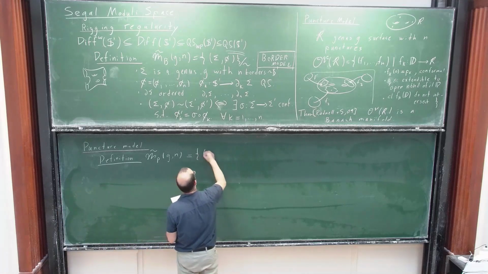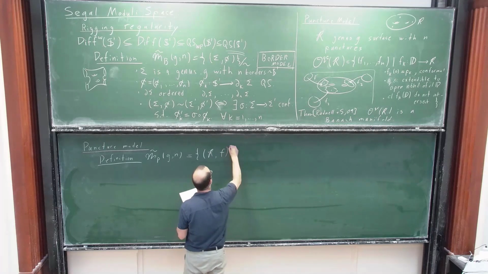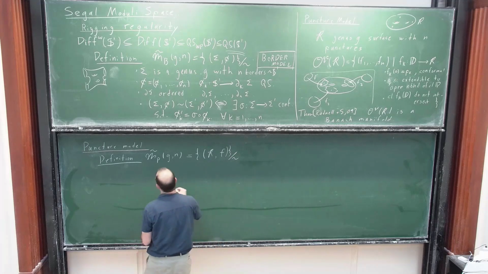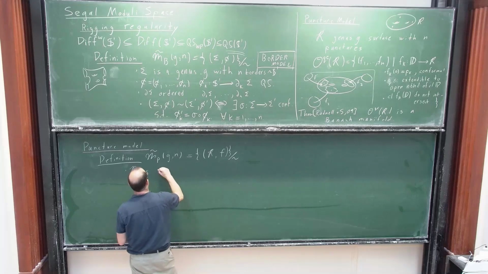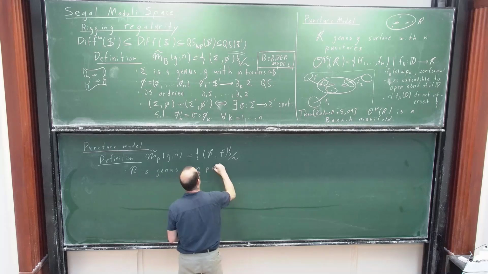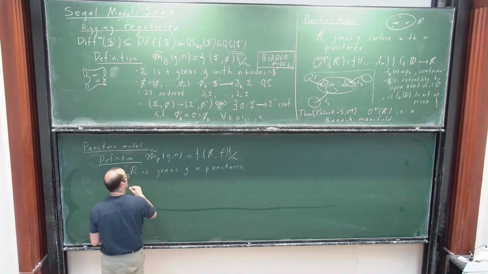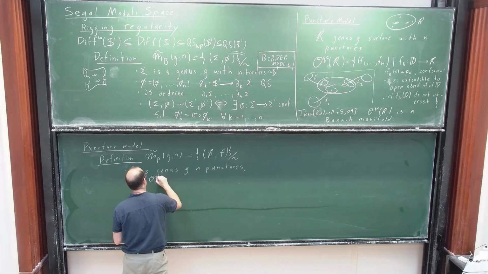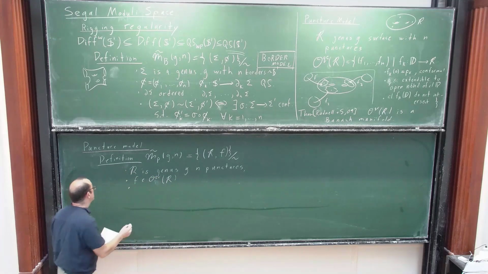So now you look at the setup R, it's called an F, moduli equivalence relation, where R is genus G with n punctures. F is in OQC of R. And we say that two are equivalent.